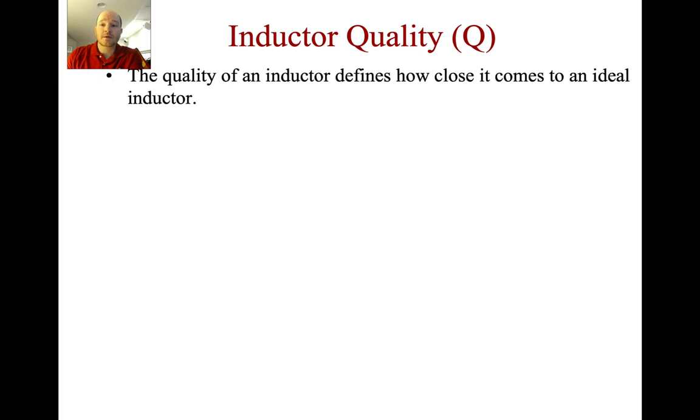Then we talk about the quality factor, Q, and how good the resistance is. We have this much resistance in the windings. Is that good or bad? Well, it depends on what Q you're looking for. The quality of an inductor defines how close it comes to an ideal inductor.